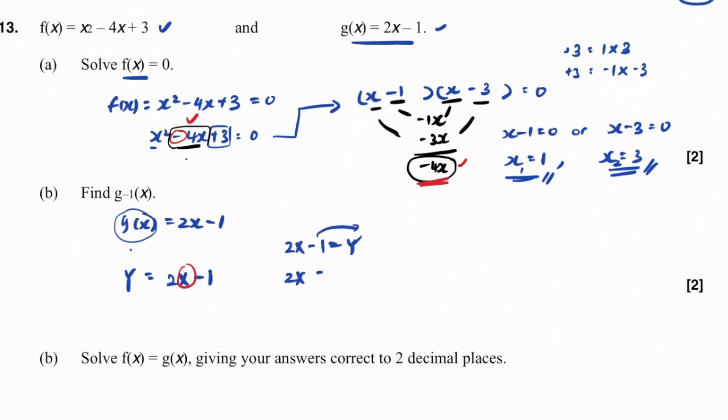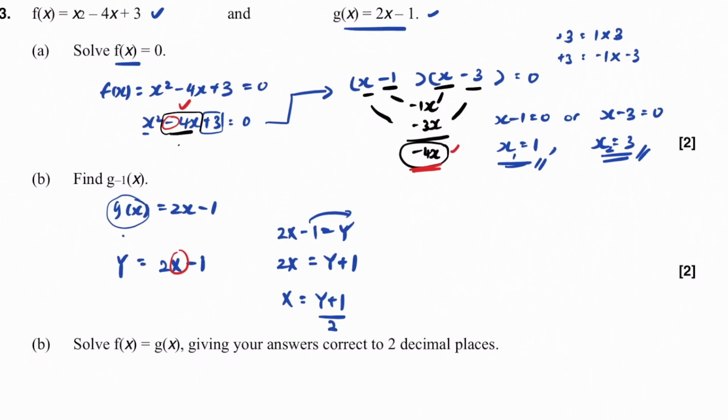So x equal to y plus 1 over 2. Remember, you always have to rewrite it back. Don't just leave your answer like this. Rewrite it back to g inverse of x equals x plus 1 over 2. You should leave your final answer like this.